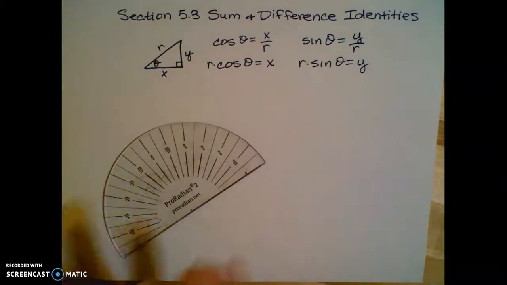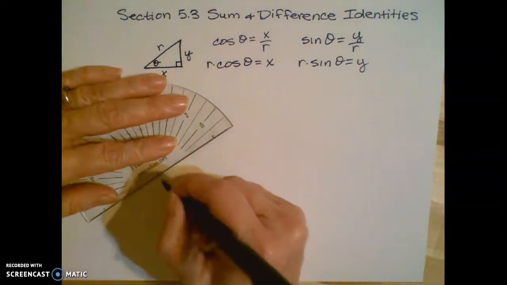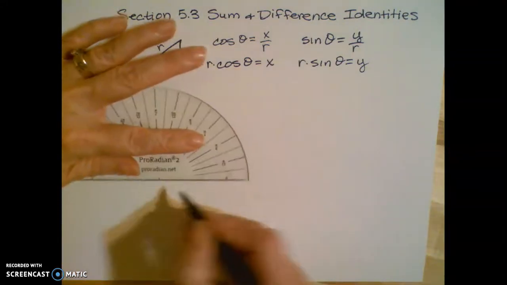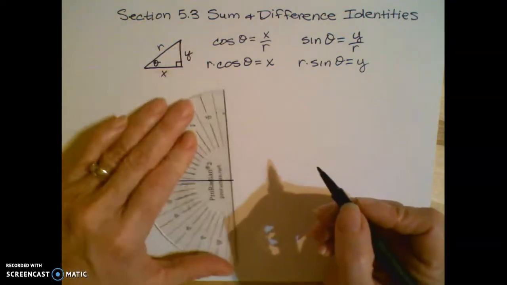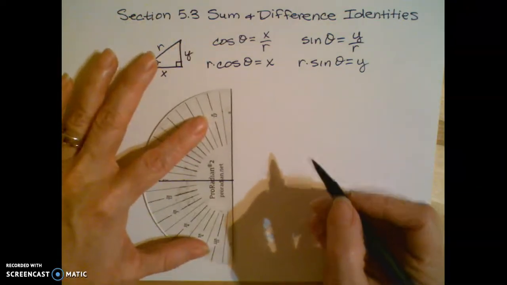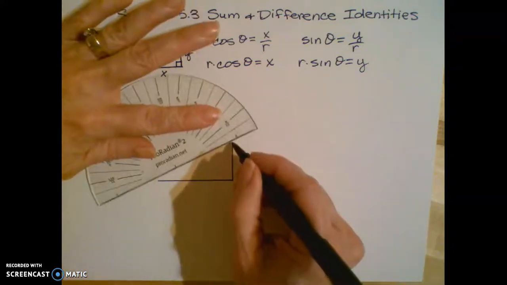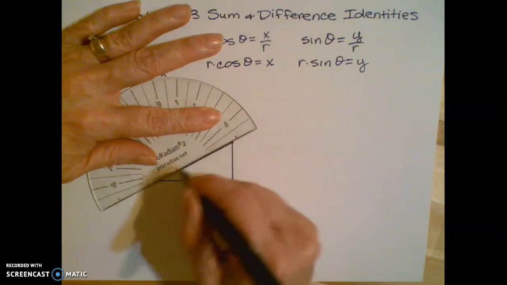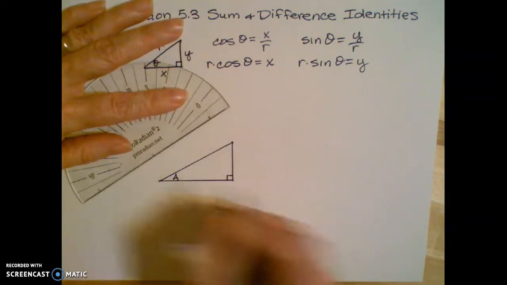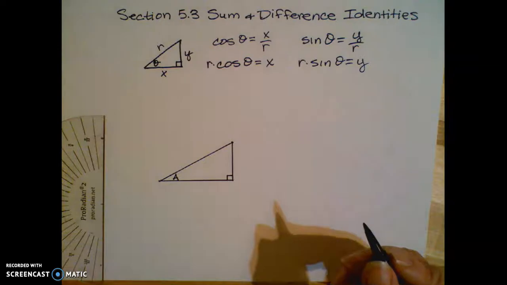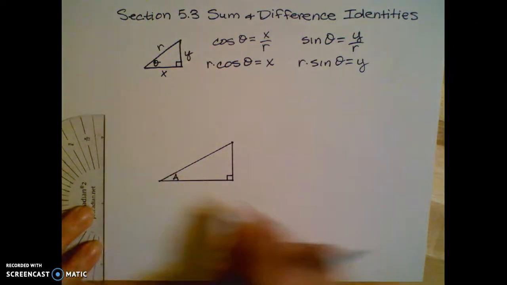And what we're going to start off with is adding two angle measures. So the way that we want to do that, we're going to give ourselves a triangle to start off with, a right triangle specifically. Doesn't matter how large you make this, but nonetheless, we have a right triangle and we're going to refer to one of the acute angles as A. All right, now I want to add an angle to that, and I'm going to do that up here above this hypotenuse.